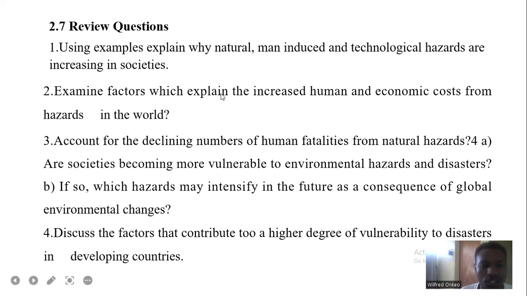Three: account for declining numbers of human fatalities from natural hazards. Four: are societies becoming more vulnerable to environmental hazards and disasters? Five: discuss the factors that contribute to a high degree of vulnerability to disaster in developing countries.